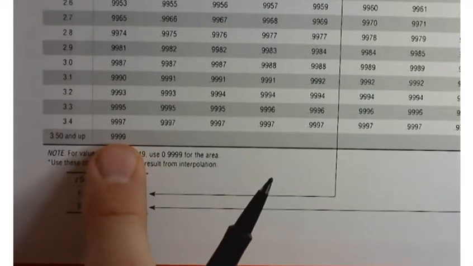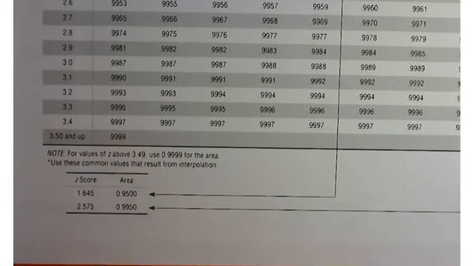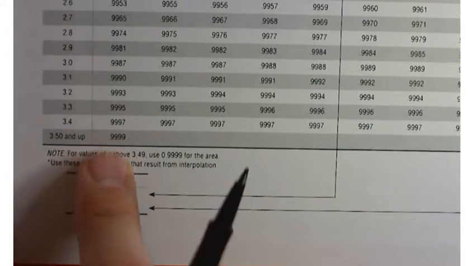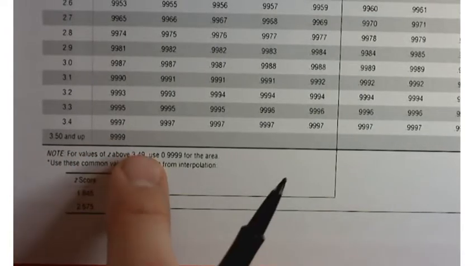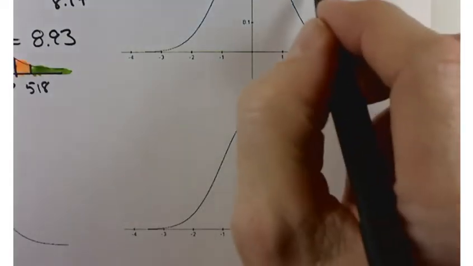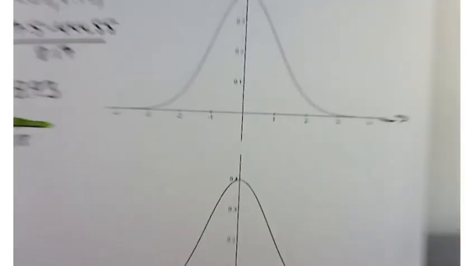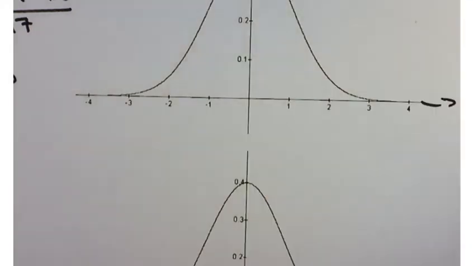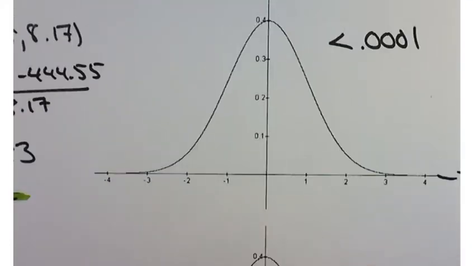So 1 minus that, it's going to be less than 0.0001. There we go. So pretty small. That area is, like I said, going to be really, really small. Less than 0.0001 would be your final area there.